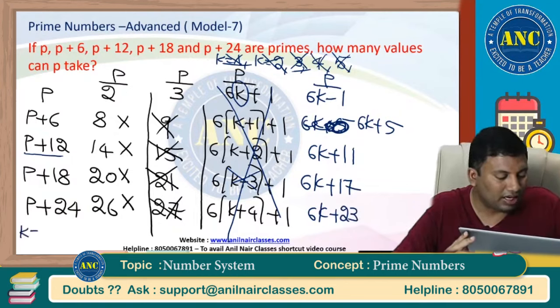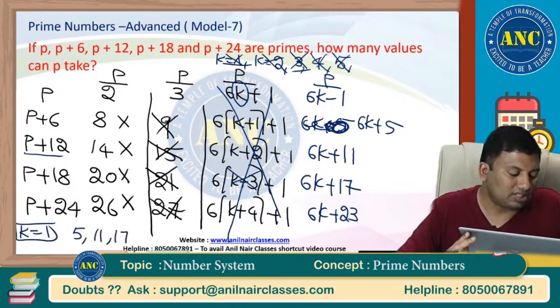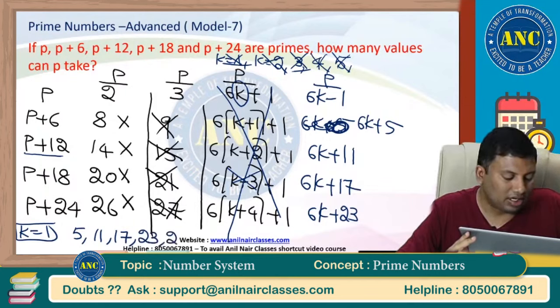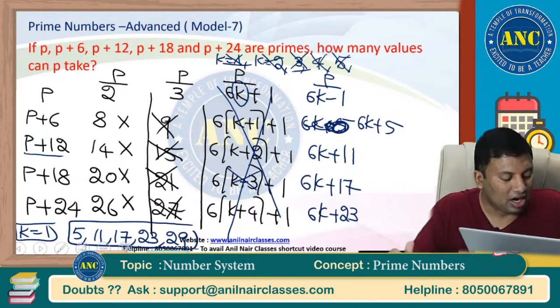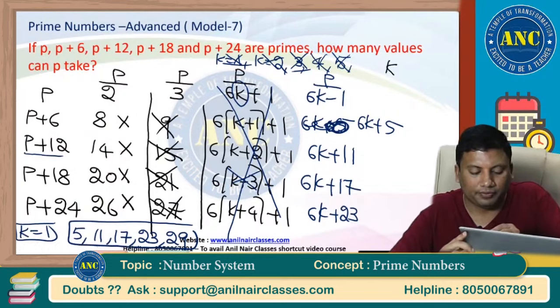If I put k equal to 1, 6 into 1 minus 1 is 5. 5 plus 6 is 11. 5 plus 12 is 17. 5 plus 18 is 23. 5 plus 24 is 29. So 5, 11, 17, 23, 29. All are satisfying.